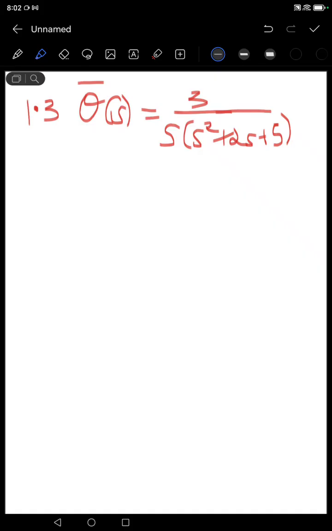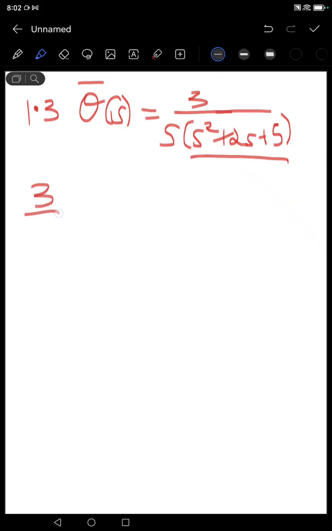To use partial fraction, we start by checking if we can simplify this, factorize if we can. Here we can't factorize s squared plus 2s plus 5. So if we can't, we're going to use this formula for partial fraction.